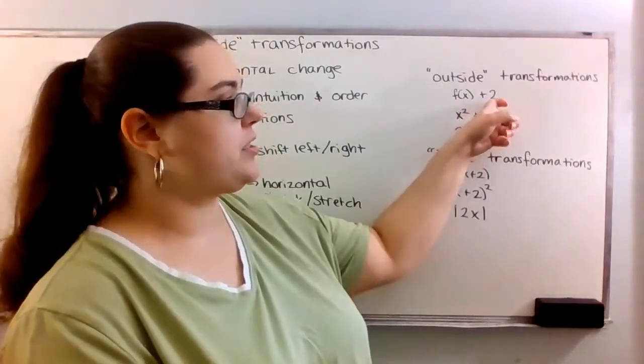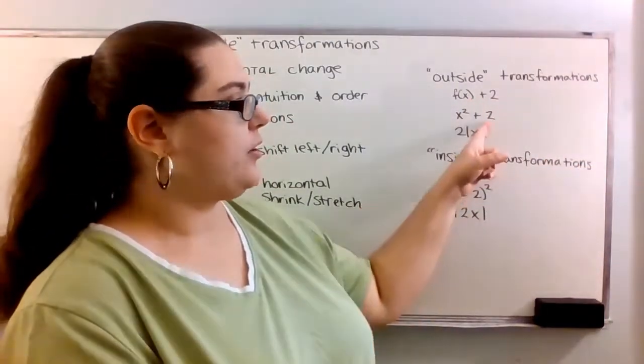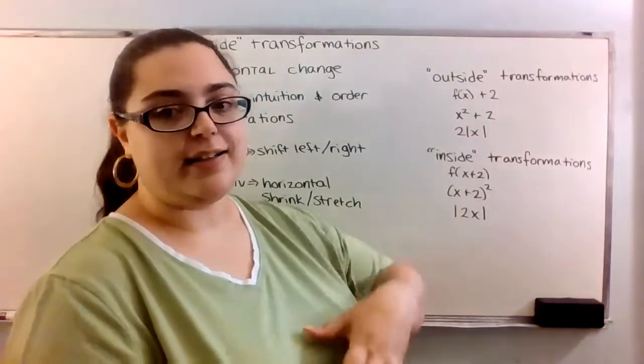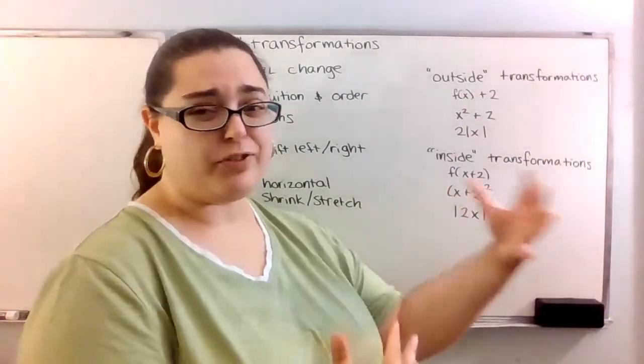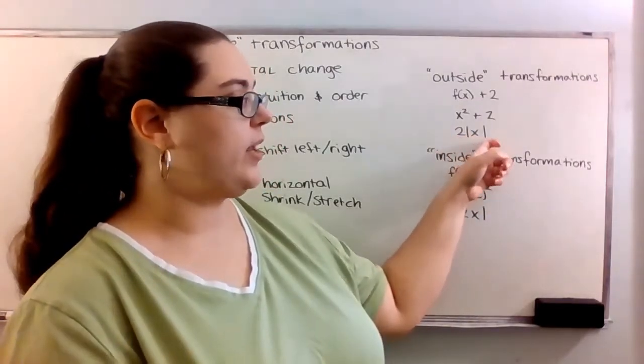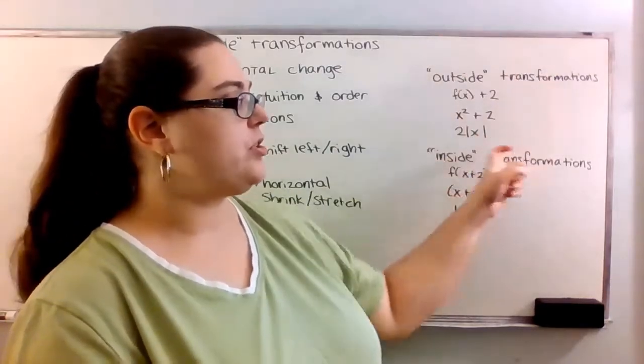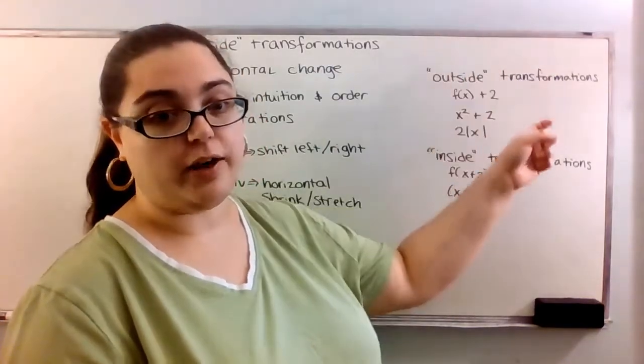So here we have the +2 being added outside the function f of x. Here the +2 is being added after we've done the squaring, so after the function part. And similarly here we have 2 times, and then we have the function piece, the absolute value of x. So these are the outside transformations, the types of things we looked at in the previous video.